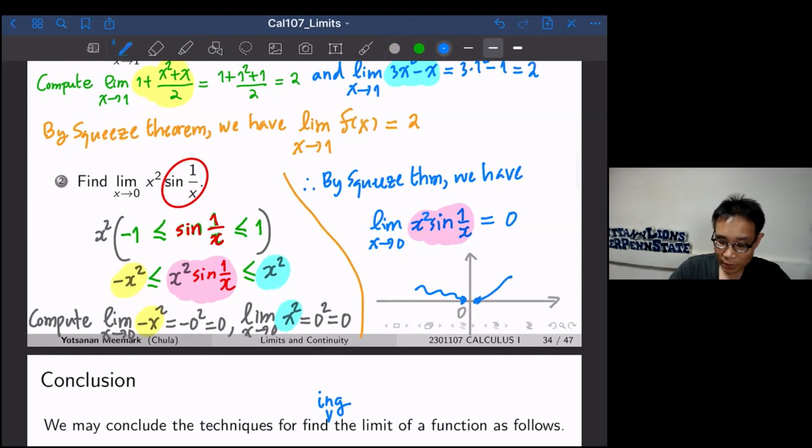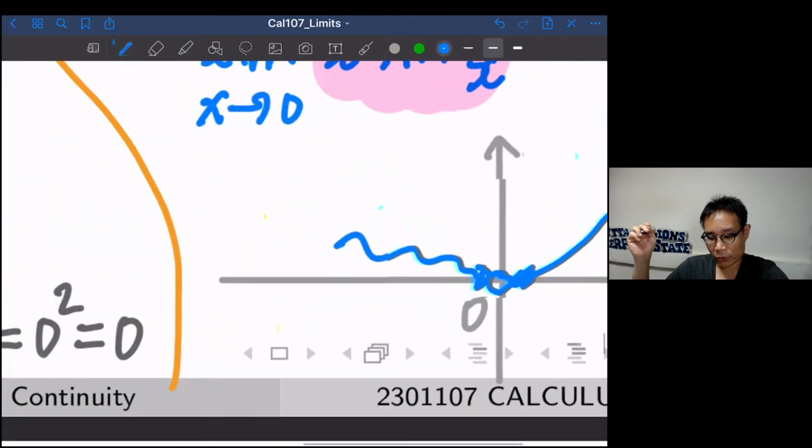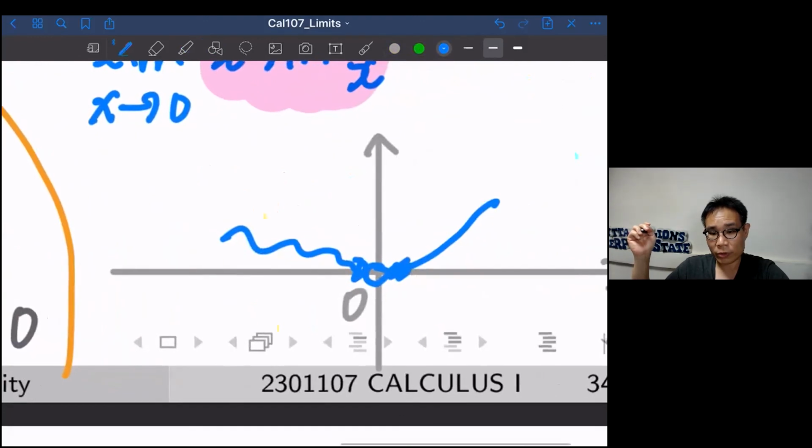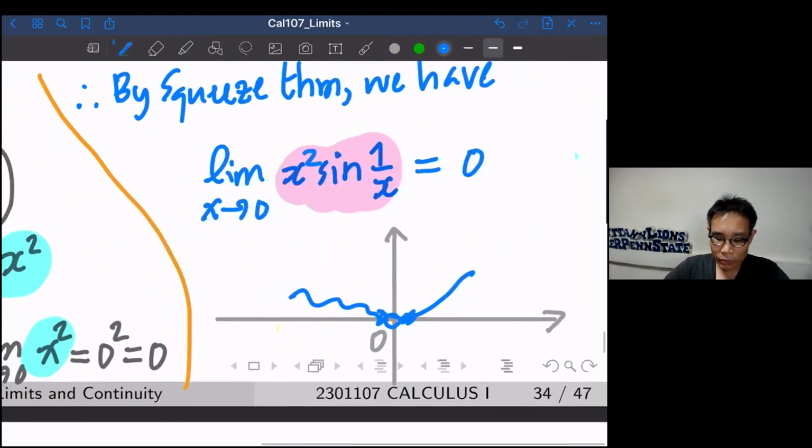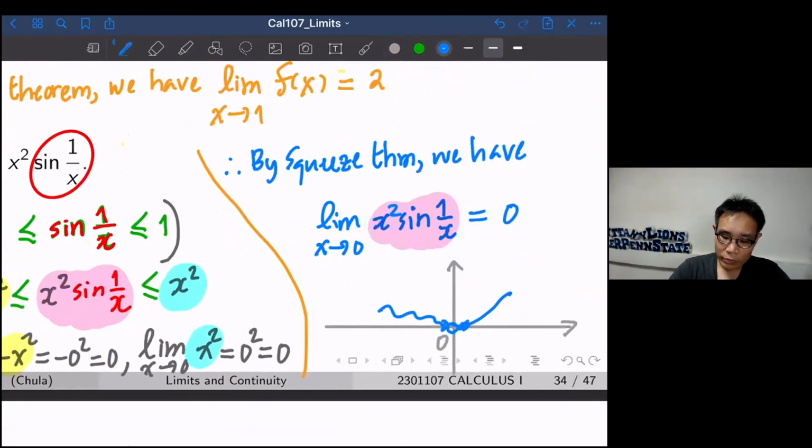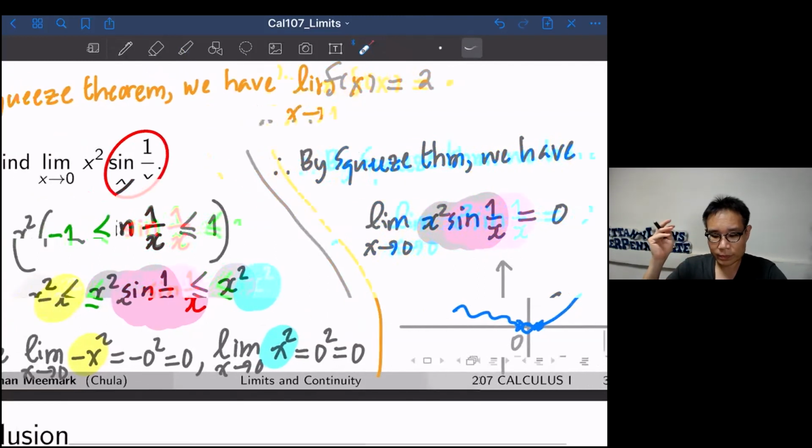And you see that the value at 0 is undefined, so you have a hole at 0, but the left side and the right side of the function are okay. You can see also that this function has a problem only at x equal to 0. The other points are just fine. So you just have x squared sine 1 over x like this.